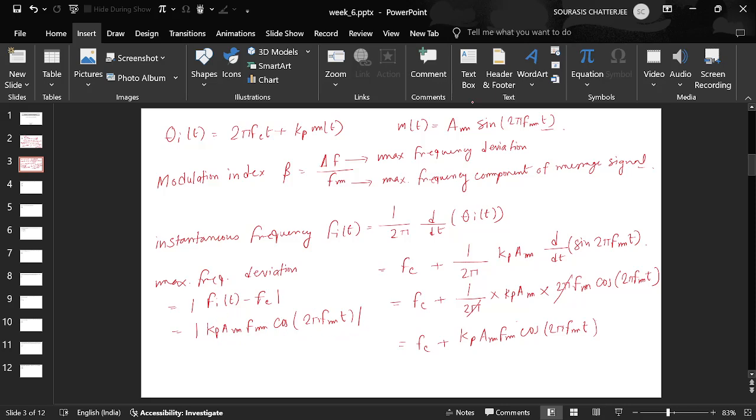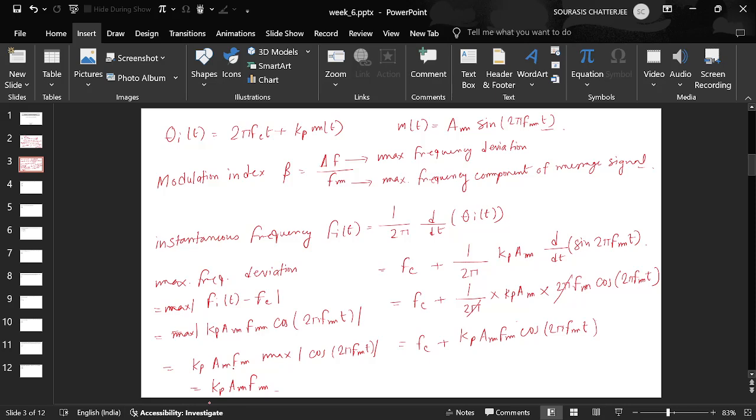So what is the maximum value? We have to pick the max here. So kp Am fm I can take out because these are all positive terms, and the max value of cos 2 pi fm t is nothing but 1. So your maximum frequency deviation is going to be kp Am fm, right?